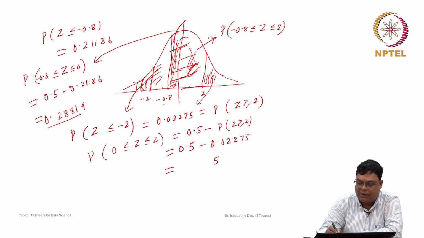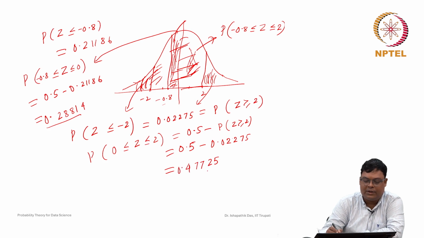So this is how we can compute. We just subtract, and this gives 0.47725. So this probability we found.